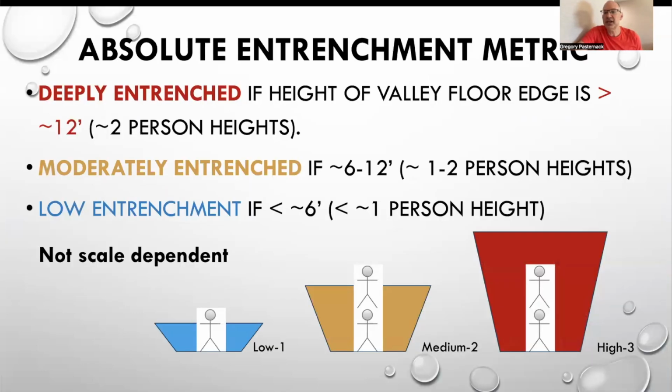We have been using an absolute entrenchment metric. In other words, it has a length scale. And we define deeply entrenched, moderately entrenched, or low entrenchment. And we just wanted to be kind of practical, like what's useful for people. You have two choices when you make a metric. One is to do something on a process basis. But at this time, science has neglected absolute entrenchment.